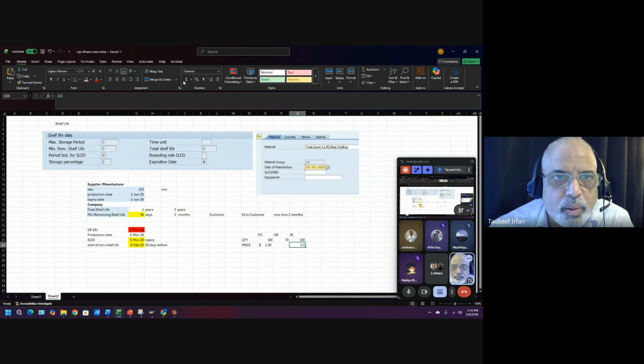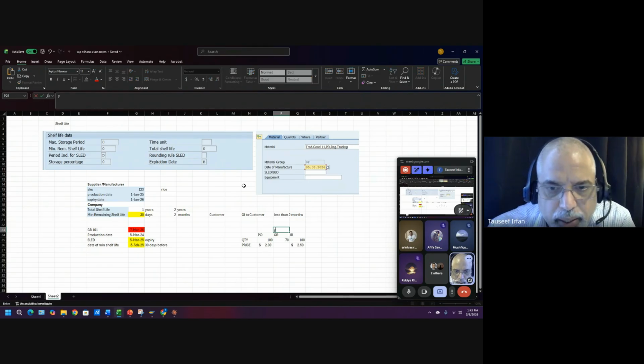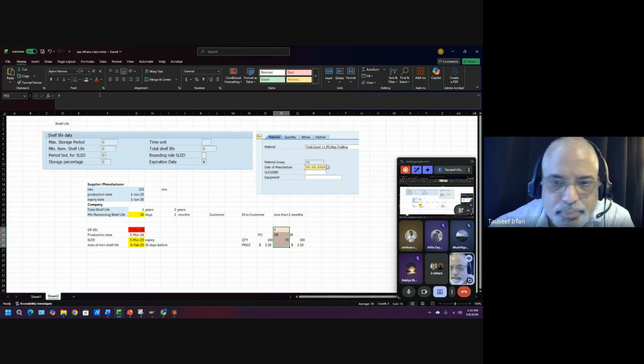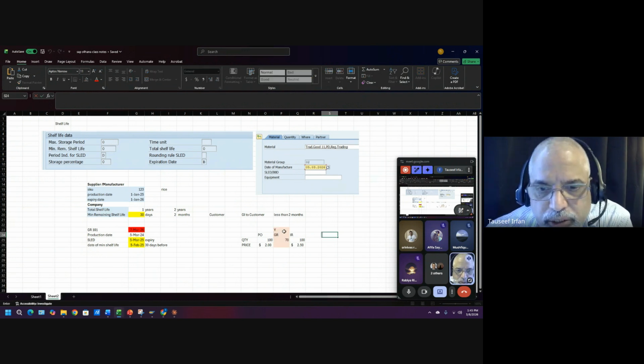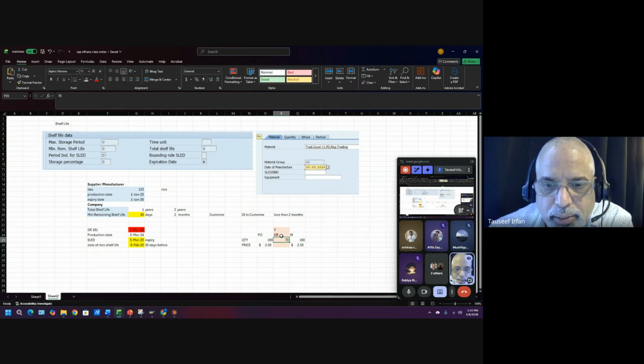Yeah. Okay, so in the GR-based invoice verification, it is whether you are putting a check mark here, yes or no. If you include this step as mandatory, then when the invoice is received from the supplier, you are making sure that you check what the quantity in the GR is.